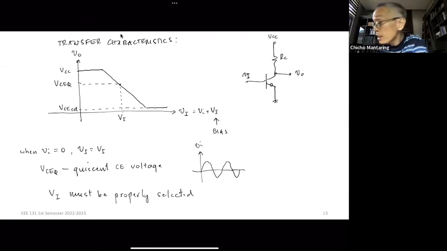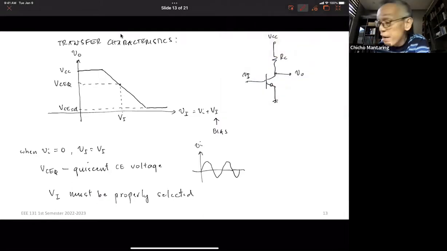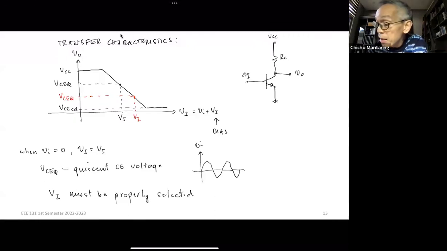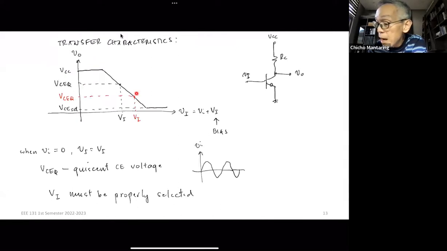Why? No? What if I chose too high a value of V's of I? Ano ko yung V's of I na pinili ko andito? No? Then this would be my VCEQ. Okay. Ano mangyayari, no? Habang tumataas ngayon yung input signal ko, ang liit na lang nung pwedeng itaas niya bago umabot sa saturation.